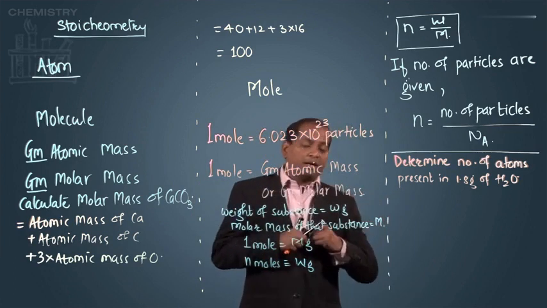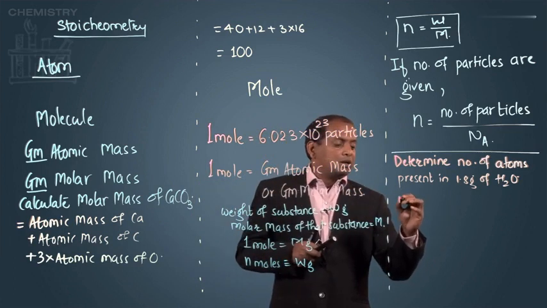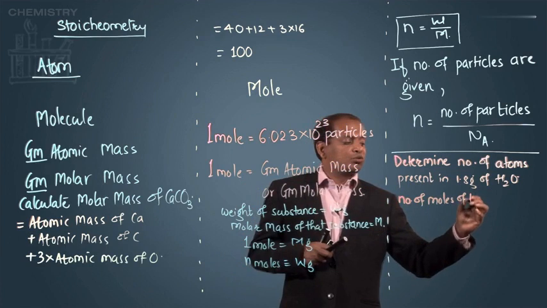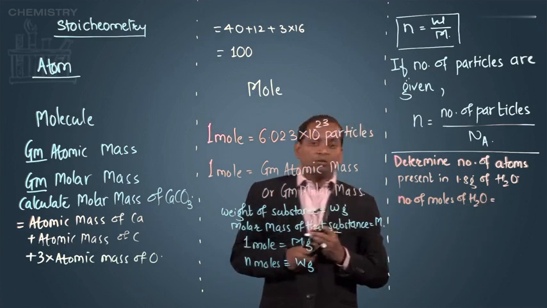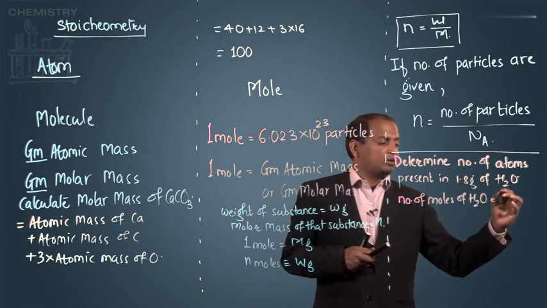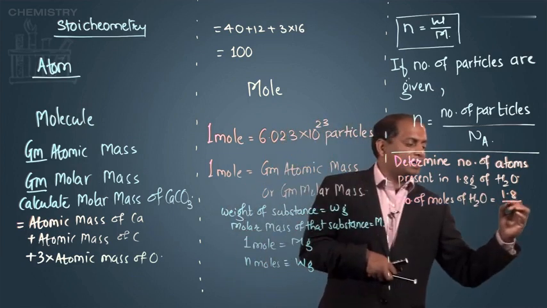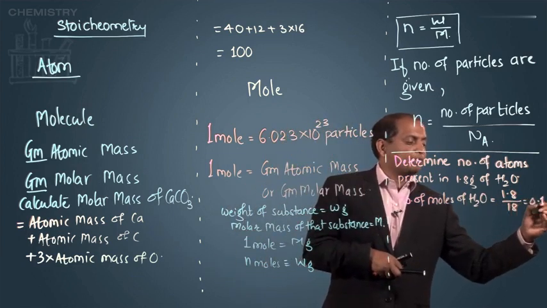How can we determine that? Let us consider the number of moles of H2O is equal to weight of H2O, that is 1.8, divided by molar mass, that is 18. So how much is it? 0.1 moles.